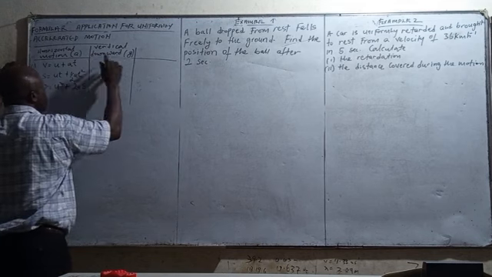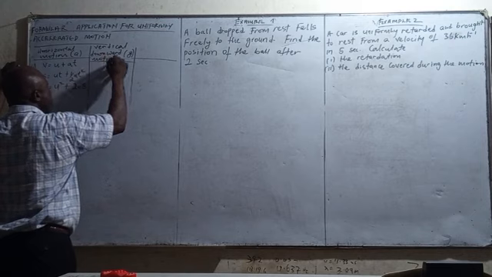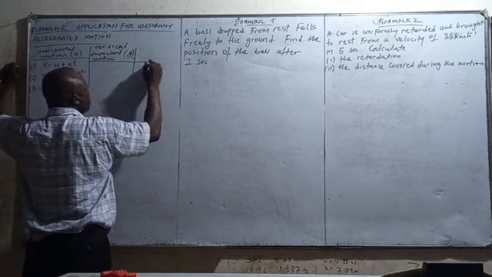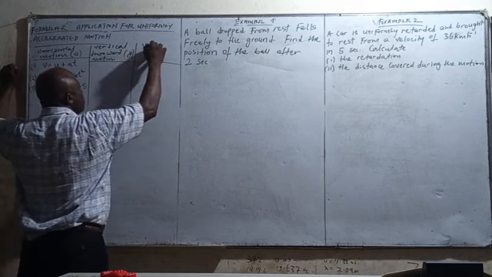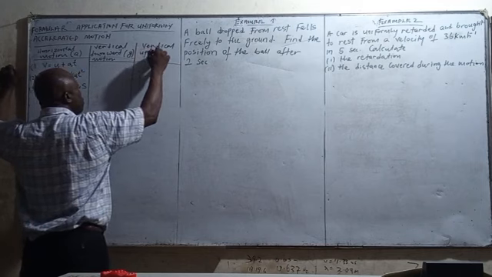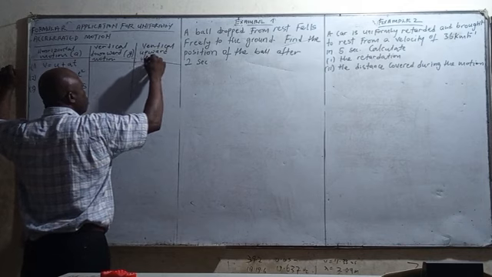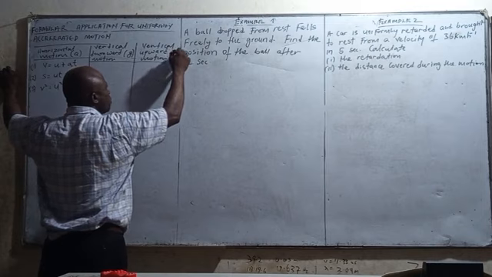Let's take it as vertical downward motion, g. Here we're going to have vertical upward motion, minus g.